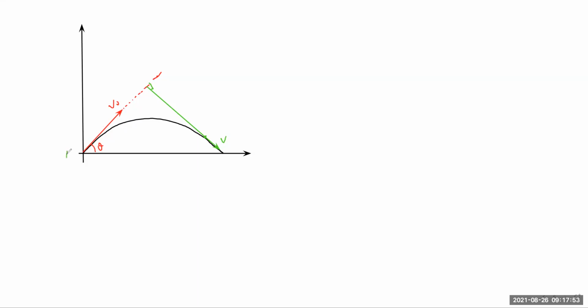If this is t equals 0, when will this event happen? What is the t at which the velocity vector is perpendicular to the initial velocity vector? So when will this happen?